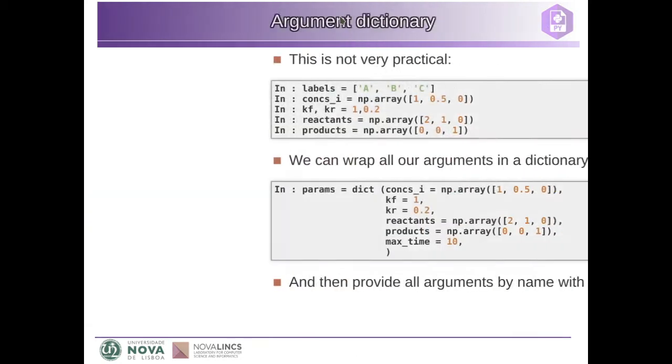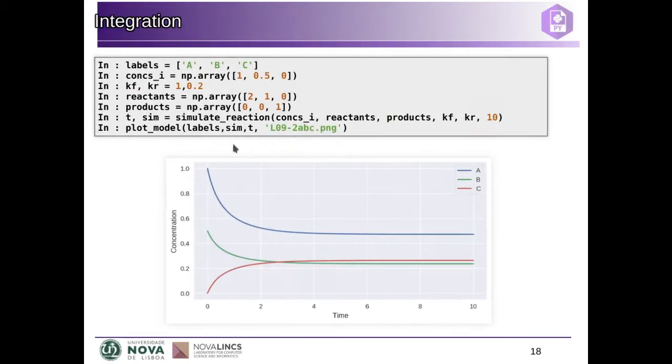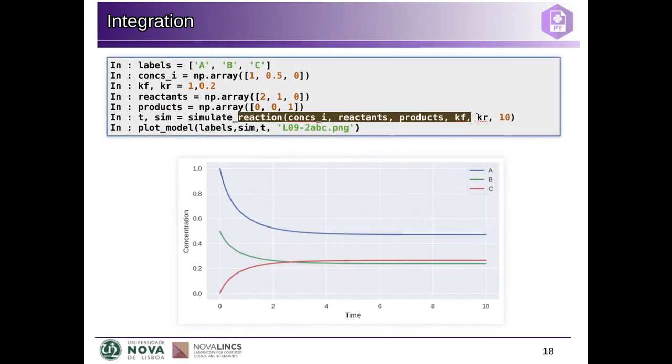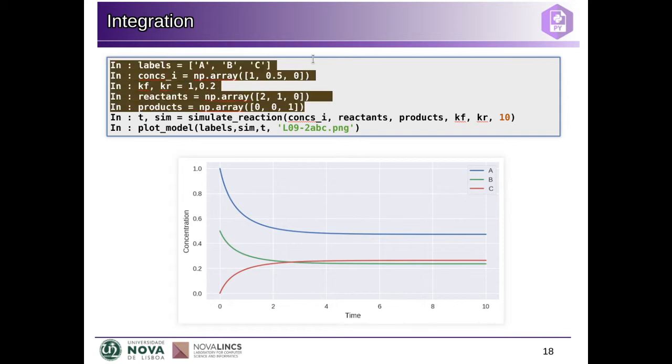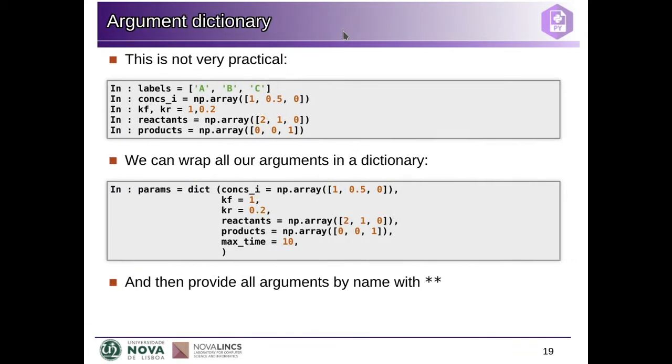Now, one thing that is not very practical is to have to send all of these different arguments here and carry all these different variables at the same time. So if you start doing things that have lots of arguments and these start to become a bit complicated, one thing that you can use, which is very useful in Python in these cases, is to create a dictionary with all your arguments.